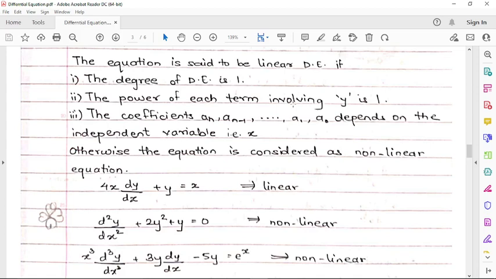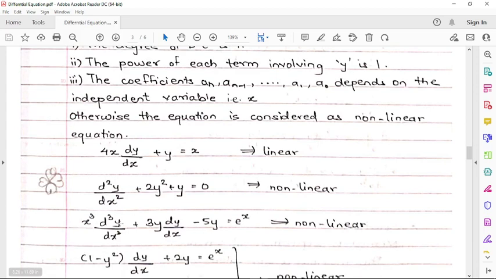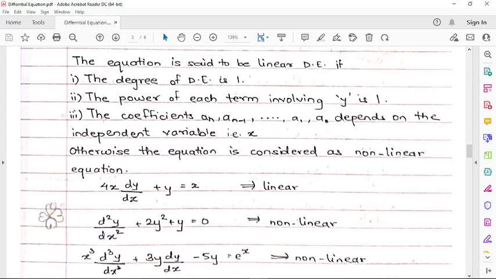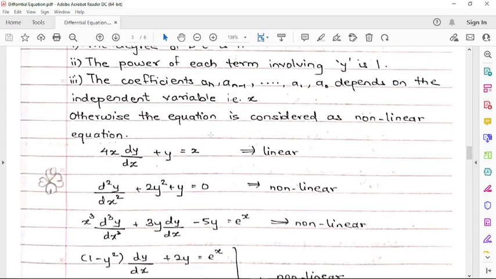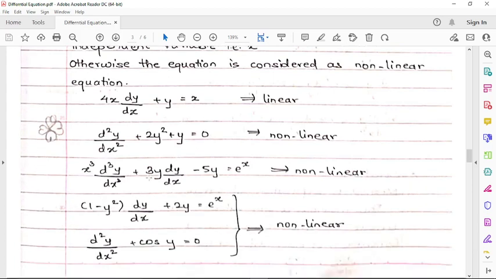The power of each term involving y is 1, yes. Let us check the third condition: the coefficient depends on the independent variable, that is x. But here you can see the 3y term is present, which does not depend on x, it depends on y. That is not allowed, so this equation is non-linear.